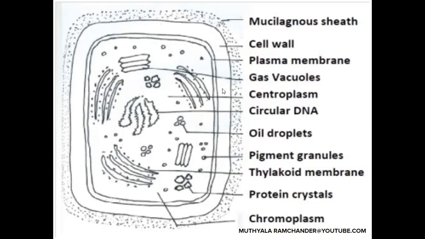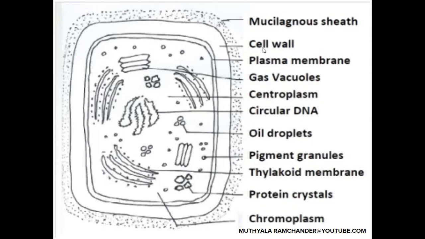In cyanobacteria, the cell wall chemicals belong to bacterial cell wall chemicals like peptidoglycans and muramic acids. So they are treated as bacterial characters of cyanobacteria.